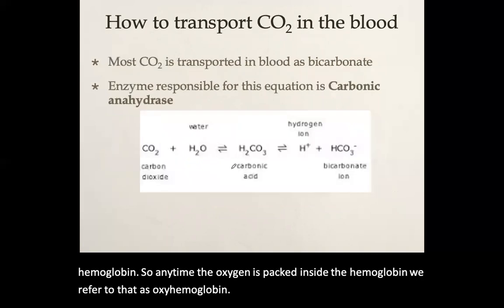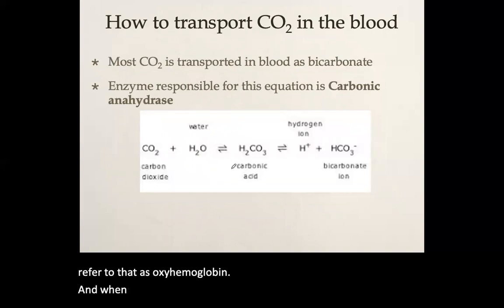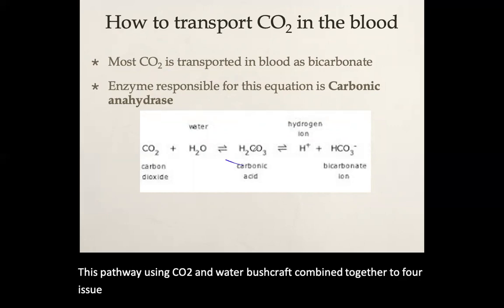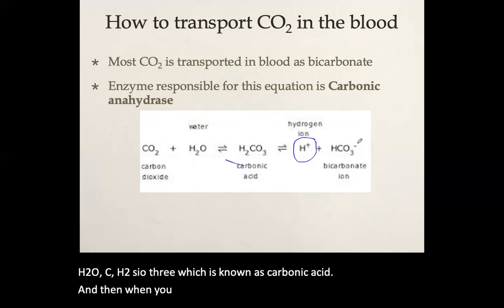And when CO2 is being transported, we also learned about this pathway using CO2 and water, which combine together to form H2CO3, which is known as carbonic acid. And then when you release the hydrogen, it becomes bicarbonate.